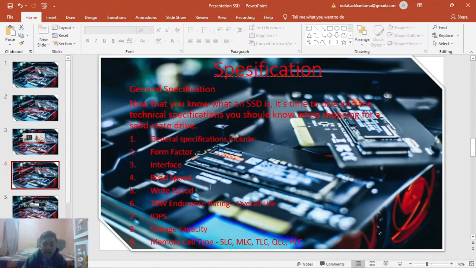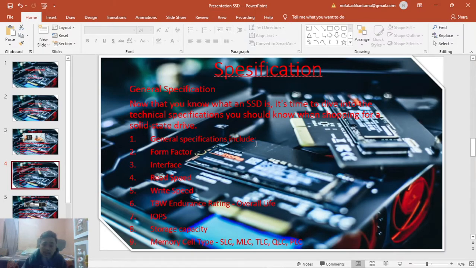So slide number 4 is specification. Specification of SSD is general specification. Now that you know what an SSD is, it's time to dive into the technical specifications you should know when shopping for a solid state drive.